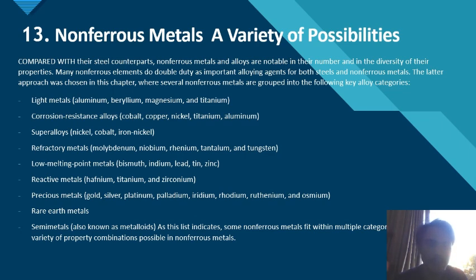The latter approach was chosen in this chapter, where several non-ferrous metals are grouped into the following key alloy categories: light metals (aluminum, beryllium, magnesium, and titanium); corrosion-resistant alloys (cobalt, copper, nickel, titanium); aluminum; superalloys (nickel, cobalt, iron-nickel); refractory metals (molybdenum, niobium, rhenium, tantalum, and tungsten); low melting point metals (bismuth, indium, lead, tin, zinc); reactive metals (hafnium, titanium, and zirconium); precious metals, rare earth metals, and semi-metals, which have their own specific properties.